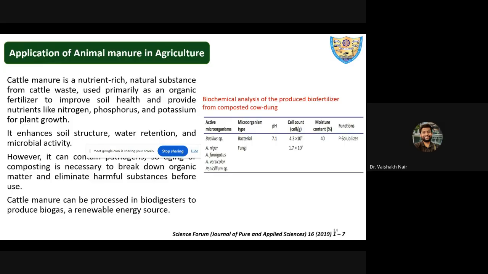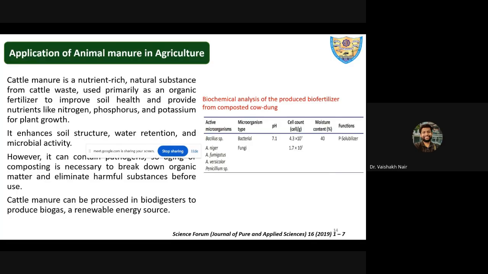Generally, you can't use this directly in the soil because its pH will be high. Certain compounds will be high, like some alcoholic and acid group compounds, which will affect the soil. This is where composting comes in.